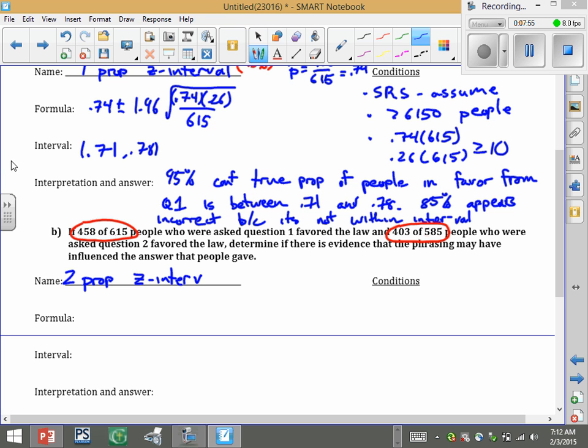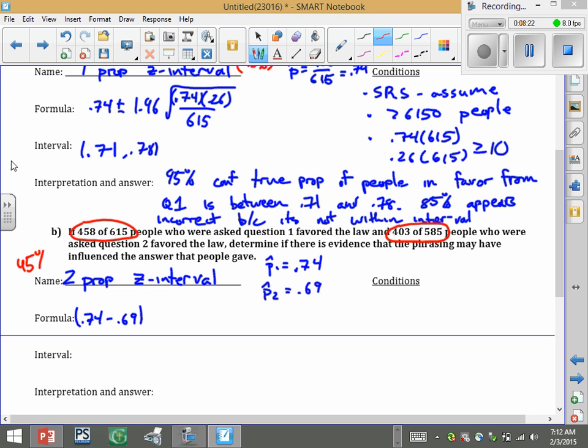Right? So I've got a p hat 1, which is the 458 over 615. That was my 0.74. And my second p hat, that 403 out of 585, is 0.69. So if I start filling in the formula, 0.74 minus 0.69, we'll stick with 95%.